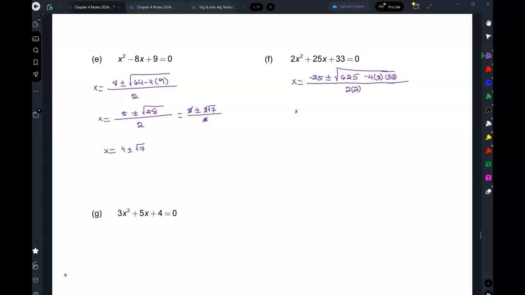Okay, x is negative 25 plus or minus, this is the square root of 361 over 4.